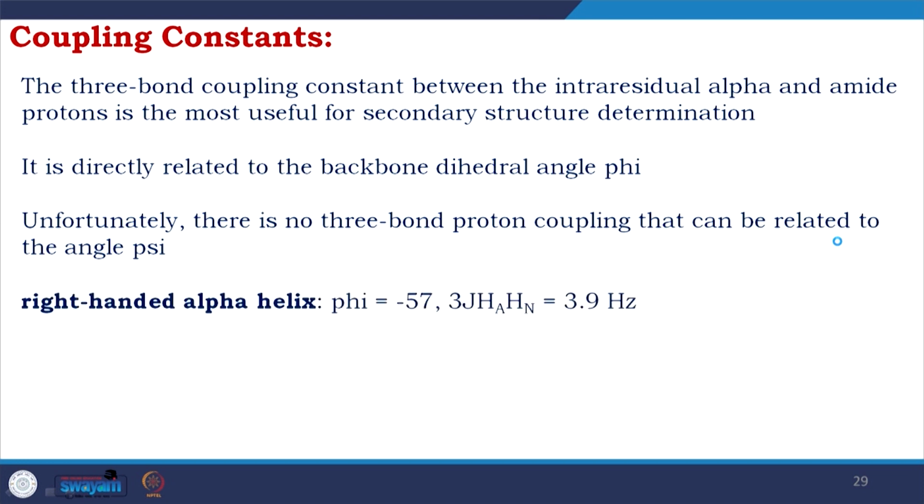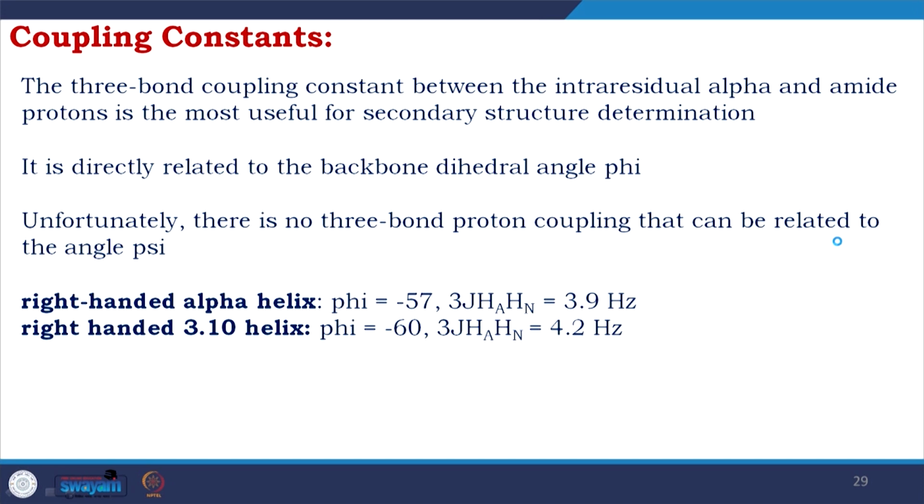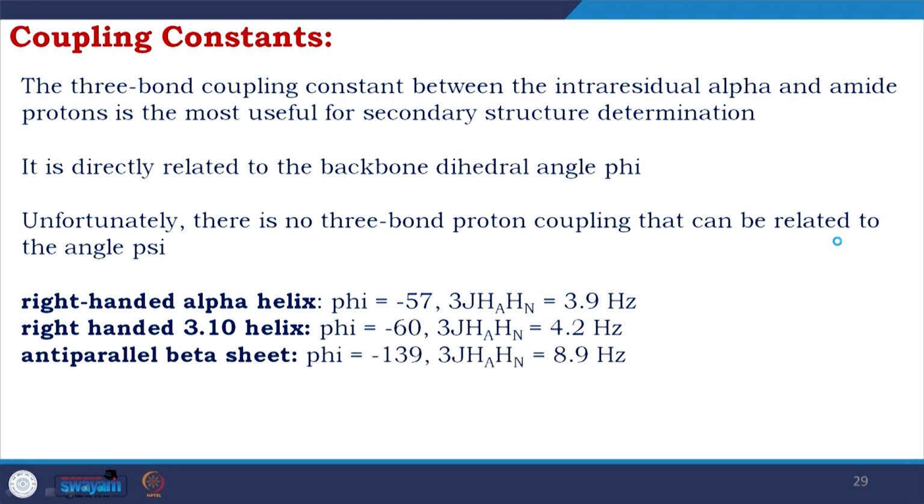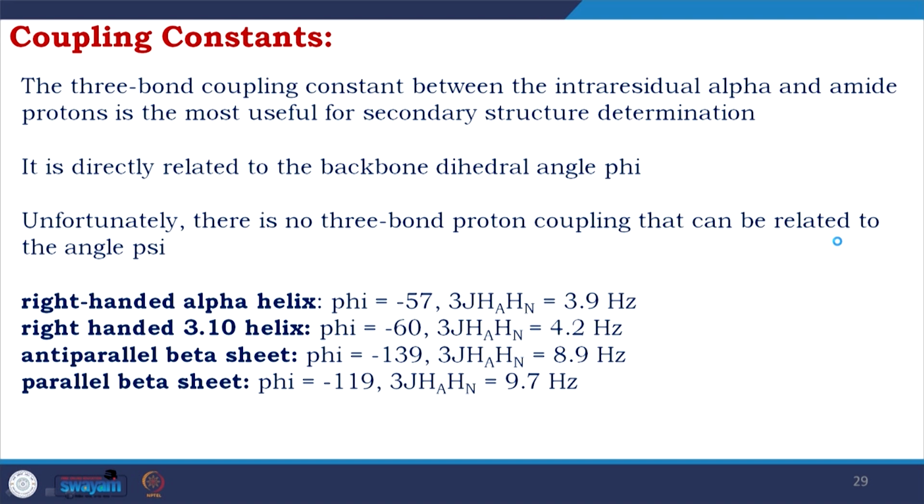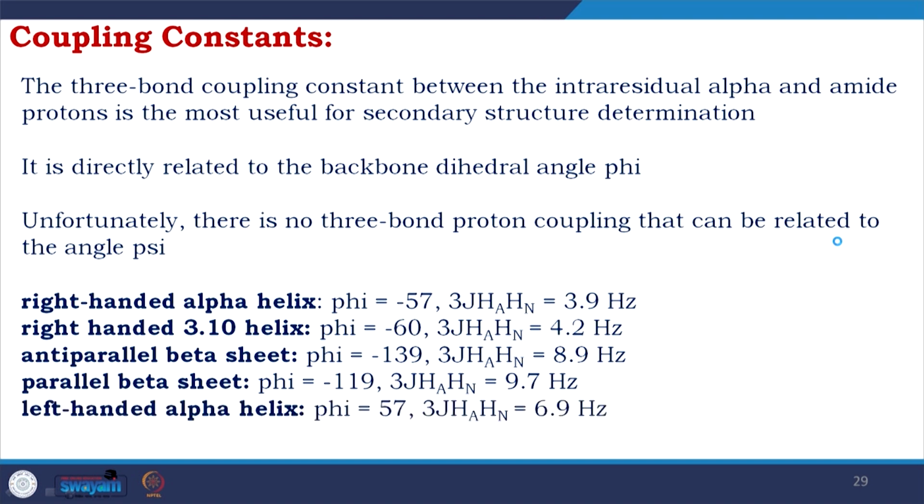So, right handed alpha helix phi equal to minus 57, 3JHAHN is 3.9 Hertz; right handed 310 helix phi equal to minus 60, 3JHAHN is 4.2 Hertz; anti-parallel beta sheet phi equal to minus 139, 3JHAHN is 8.9 Hertz; parallel beta sheet phi equal to minus 119, 3JHAHN is 9.7 Hertz; and left handed alpha helix phi equal to 57, 3JHAHN is 6.9.